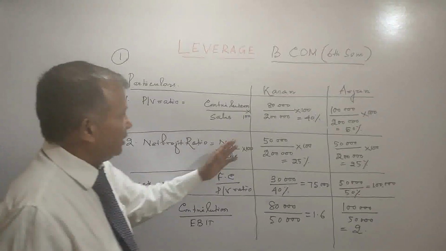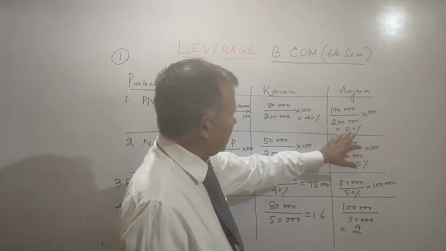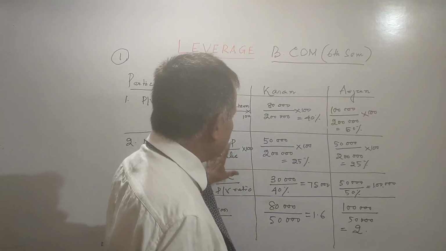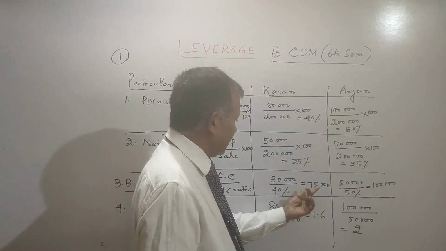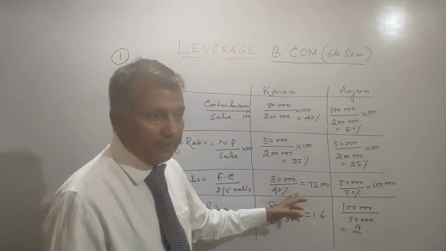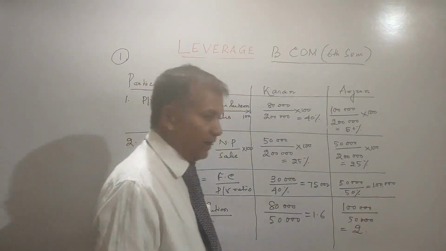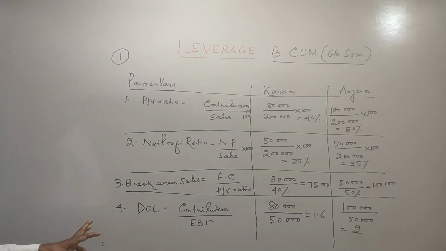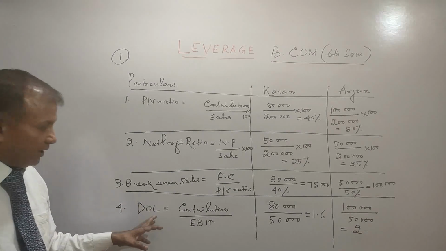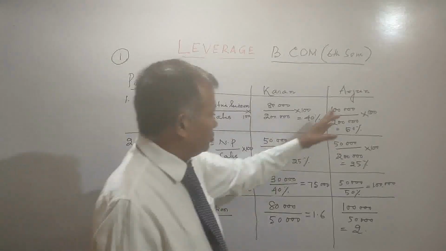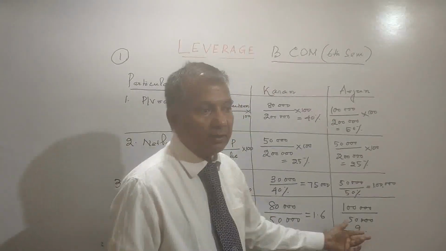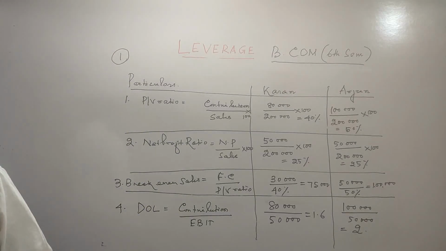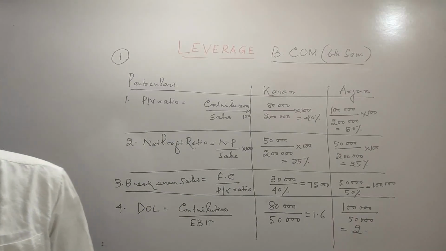Here you see the PV ratio is 40, PV ratio is 50. It is a good sign. Net profit ratio is same. Karan has a lower break even, Arjun a higher break even. But so far as the degree of operating leverage is concerned, Arjun has a higher risk than the Karan. So this you have to write in the comment section.